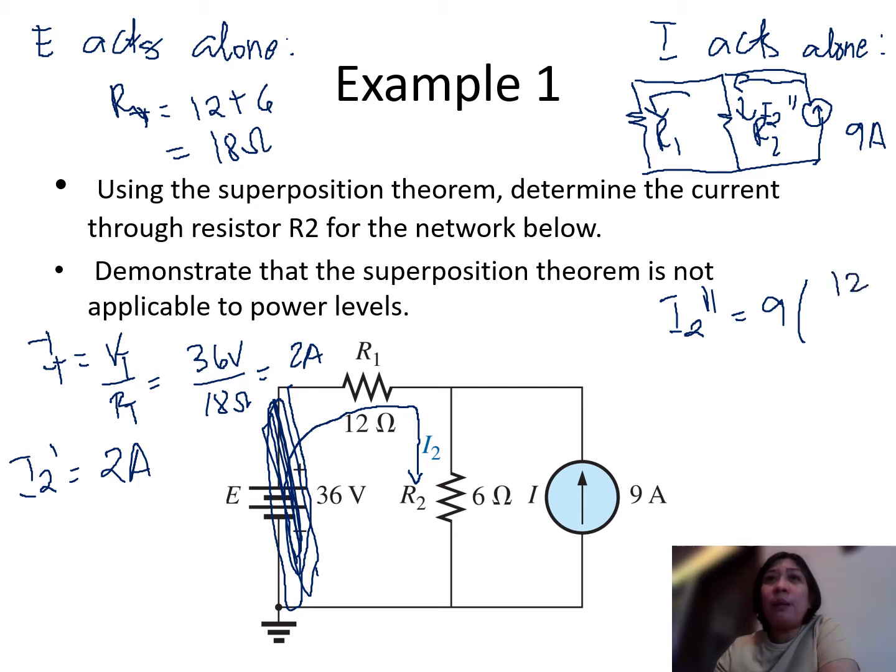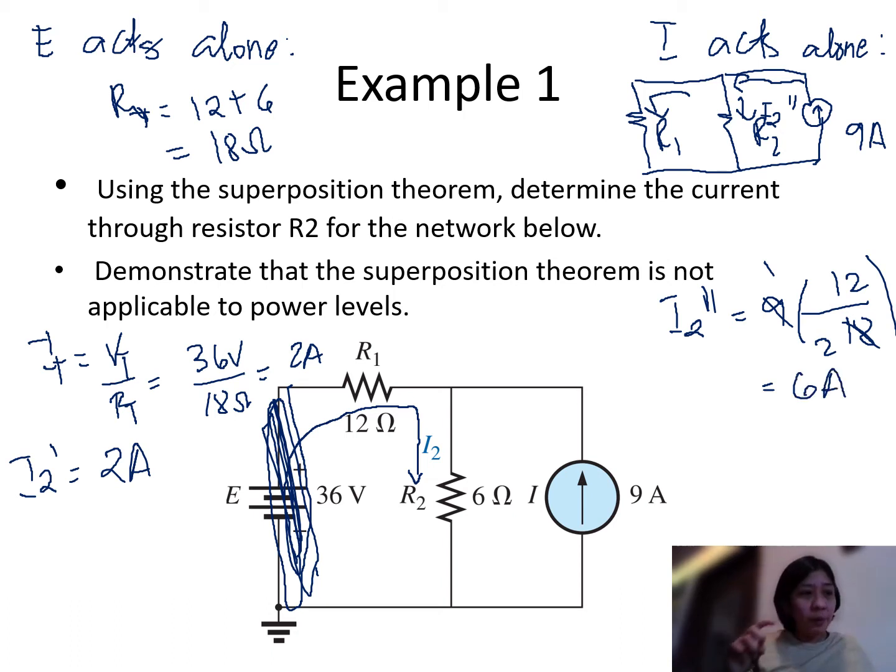So this is multiplied by 12 divided by the sum of these two resistors, which is 18. So 12 divided by 2, we have here 6 amperes. So for the effect of when I acts alone, our current I2 is equivalent to 6 amperes.